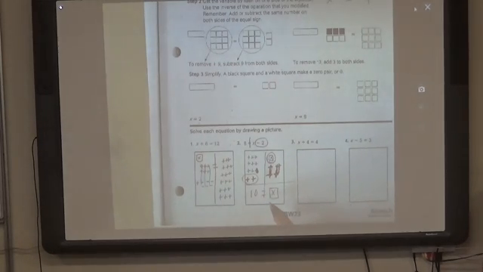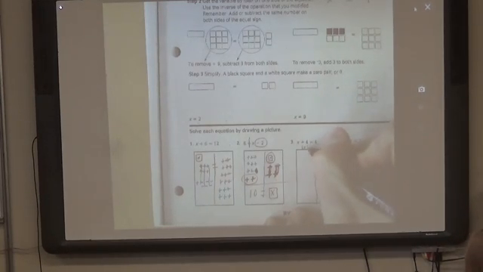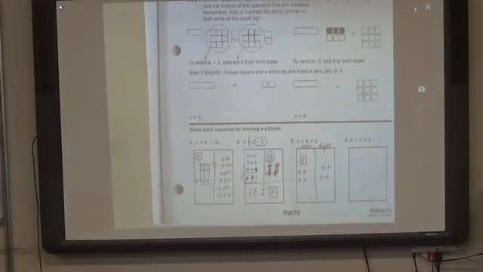Okay? And this is the process you're going to do when you finish this assignment. Go through and make sure you draw a line down the middle so that you have a left side and a right side. And then draw out each equation. Okay? And then at the bottom you can write what the x is.